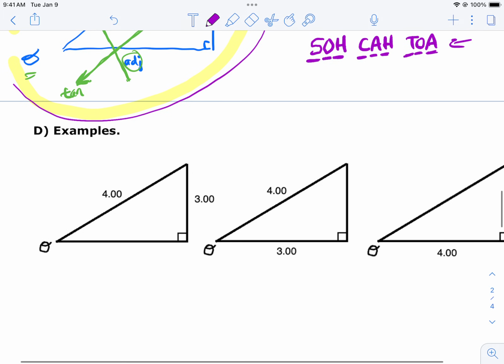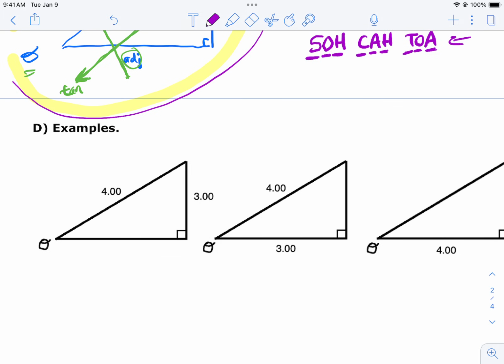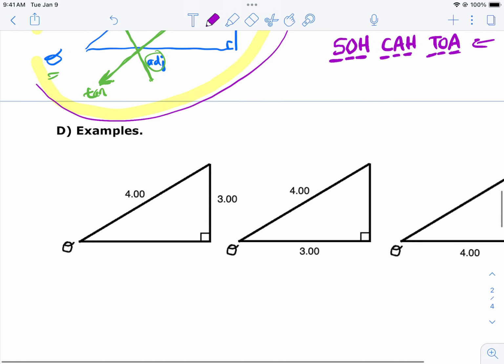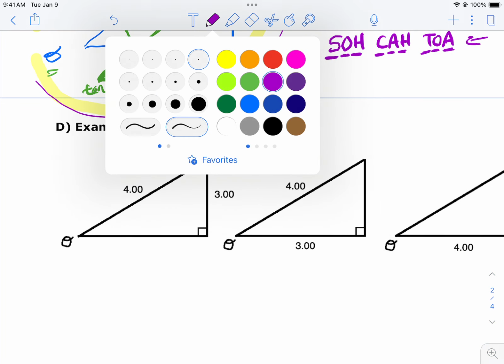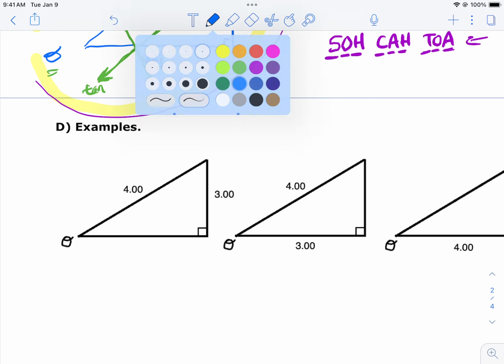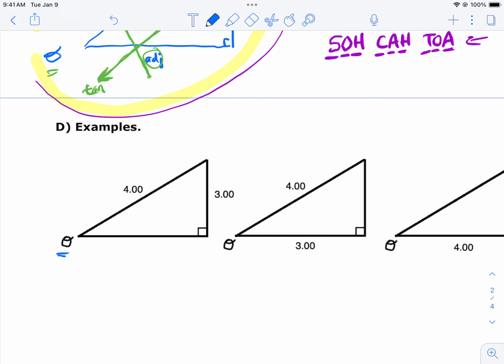So what do we got here? Looking at this triangle on the left, let's go back to blue. Here's me. This is my point of view today. I'm in a right triangle and I'm over here. I'm Mr. Theta. So I noticed that over here, I know what the opposite side is, and I also know what the hypotenuse side is.